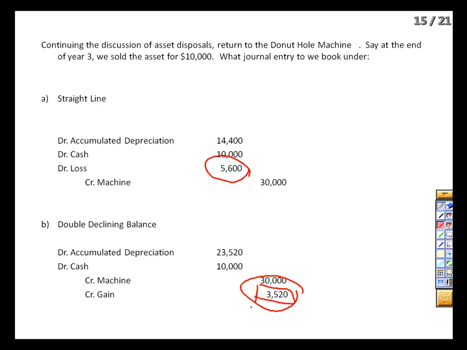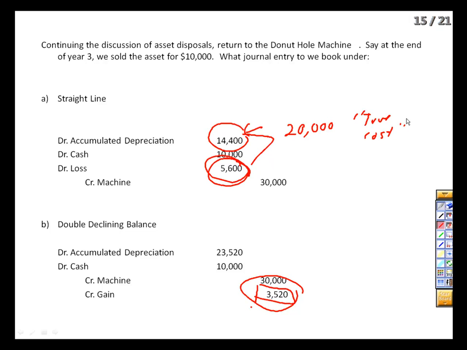We're out $20,000 over the life of the asset, but we only depreciated $14,400 under the straight-line method. So what do we do? We book another $5,600 to the income statement. There's our true-up. $14,400 plus the $5,600, there's our $20,000 of true cost.